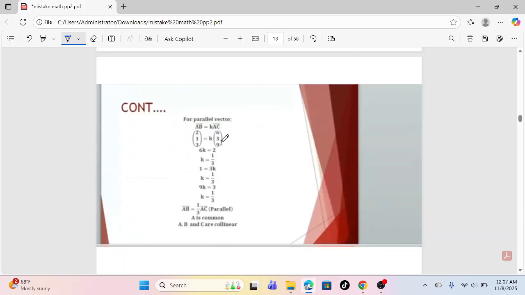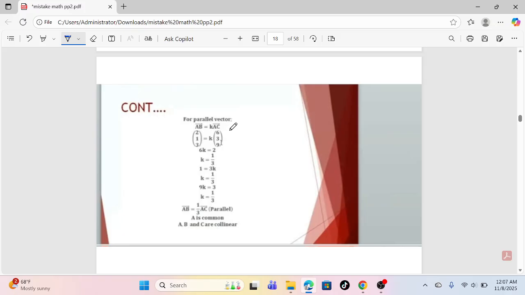A good example is this. Let's find the value of x if the points are collinear. You must show the vector symbols, then AC, which you already found. Then this is the way you are supposed to put it: AB equals k AC.